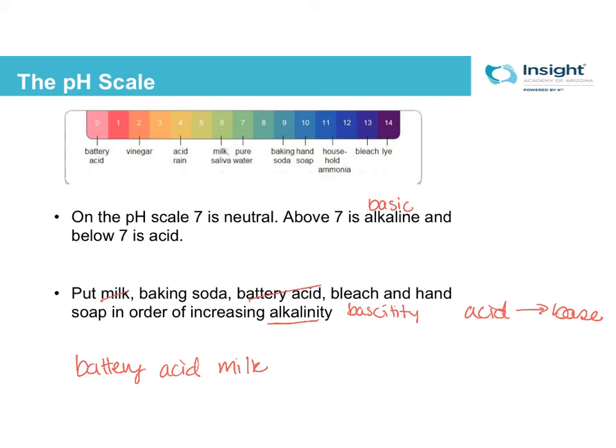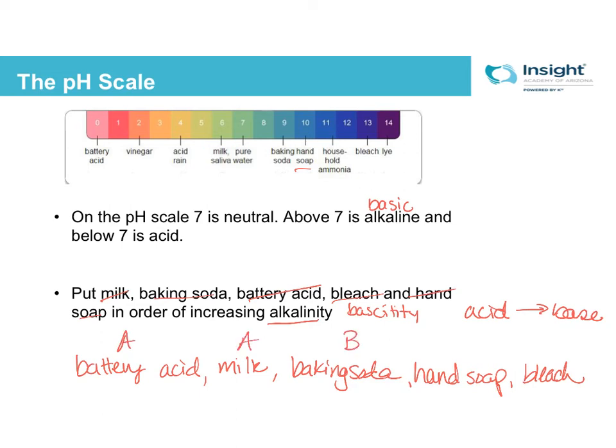And then next on the list is baking soda. Next on the scale is hand soap. And finally, bleach. All right, with these two being acidic and everything else being basic.